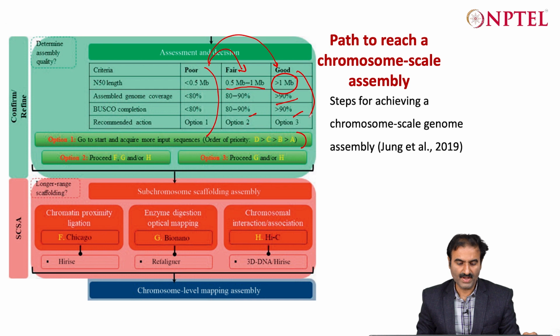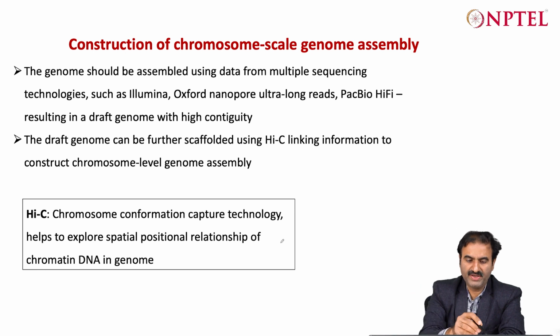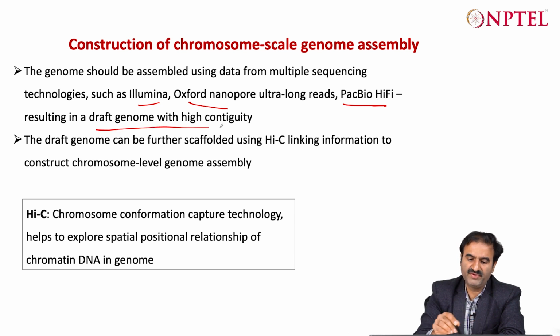Okay, so now Hi-C is one of the methods to achieve the chromosome level assembly, which we are going to see today. For the chromosome scale genome assembly, you should have a prior assembly which should be done using methods like Illumina, ONT or PacBio HiFi, which is a draft genome with high contiguity.